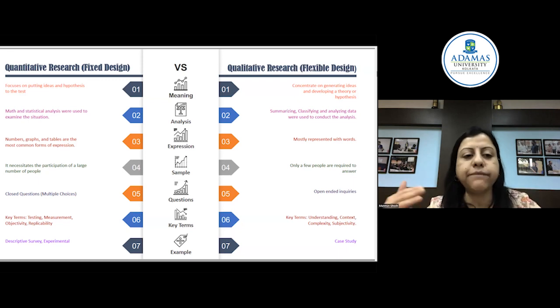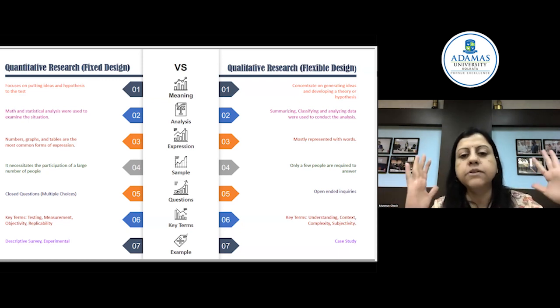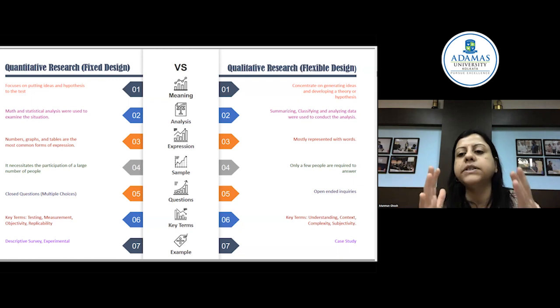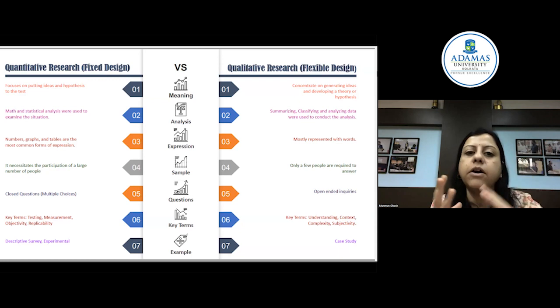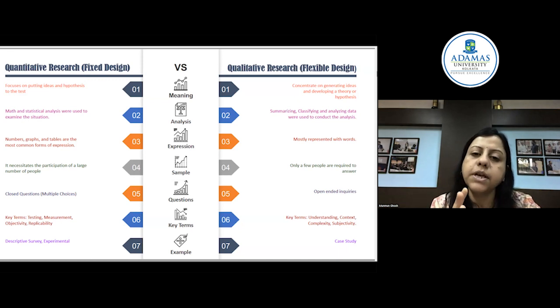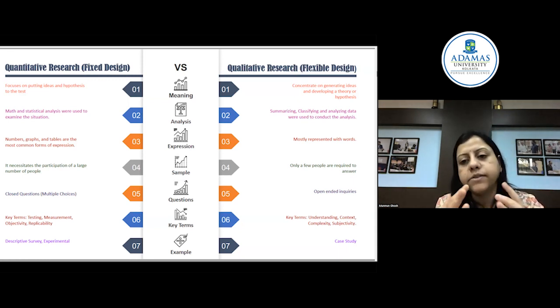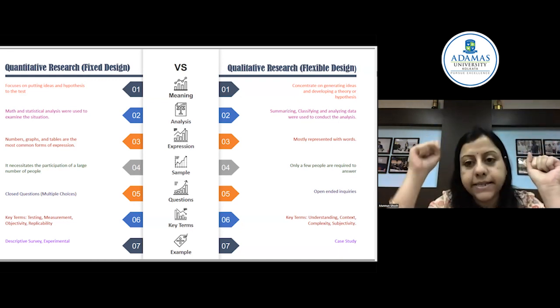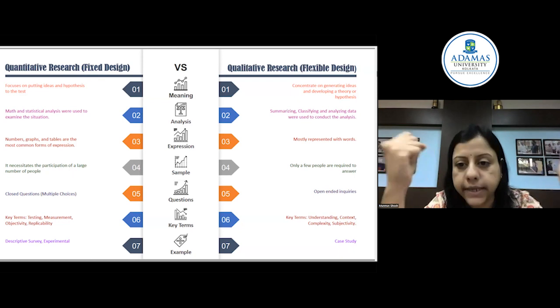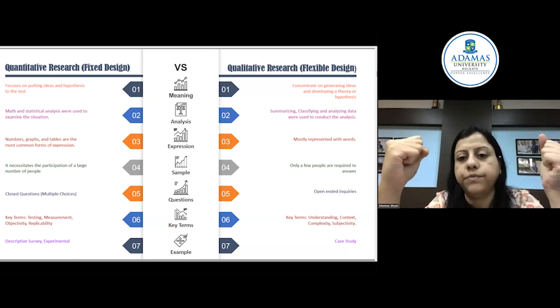Qualitative research is not about generating ideas or developing theories. It concentrates on exploring the research question. Quantitative research is more focused on considering a theory and then identifying the variables of the theory through literature reviews.